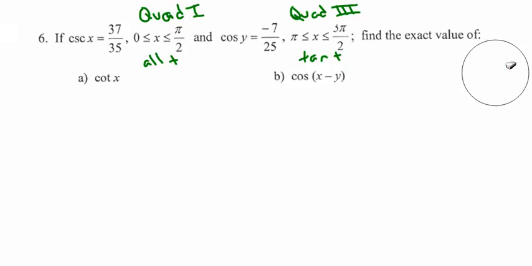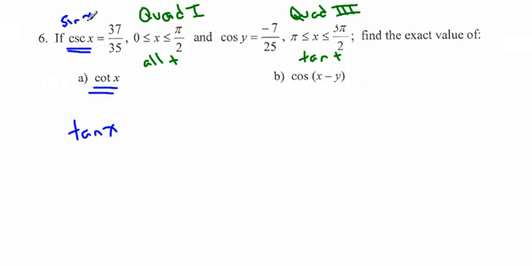So let's look at what I'm supposed to do in this question. In A, I'm supposed to find the value of cotangent x. So that means I want to find tan x. Well, I have cosecant x, which means I sort of have sine x, and I want to find tan x. I'm going to do that by using what I know about those trig ratios fundamentally.